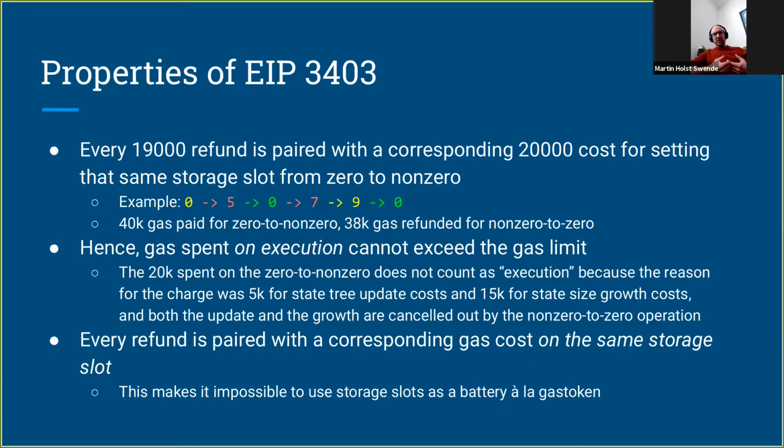From the perspective of the actual node that is executing this code, that doesn't map to the resources expended, because what the node needs to do is two writes. It doesn't need to do less work than if the set to 0 was not performed, but it needs to do two writes, and it doesn't matter if one is writing a 0. I mean, deleting something from a trie or not, it's still two writes. So I think this model of paying for it maps more accurately to the resource expenditure of the executing node. Okay.